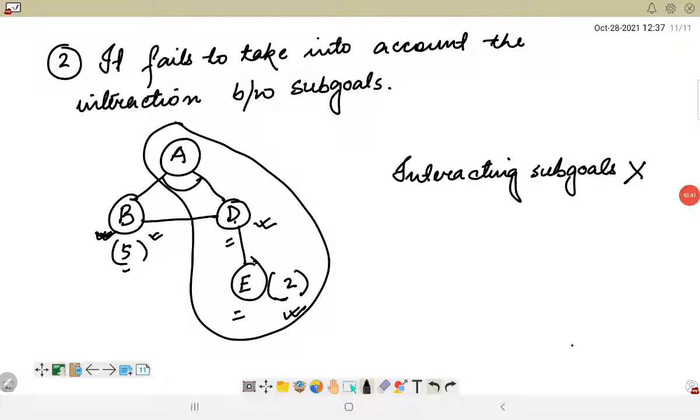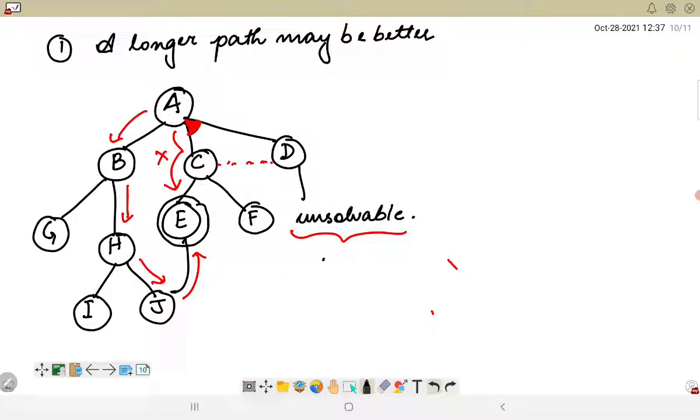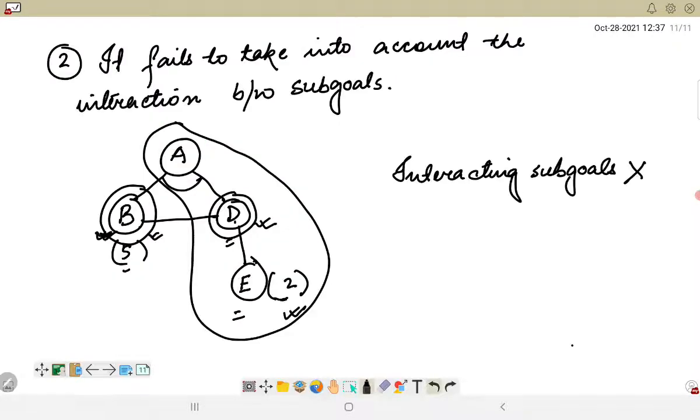So in this scenario the algorithm will fail, because it will not be considering the subgoals which have an interaction with each other. Okay, so these are the two different points which are associated with the AND-OR graph, and we will talk more about the optimal AND-OR graph using the AO star algorithm in my next video.